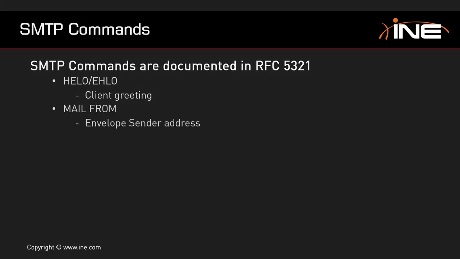Okay, another important one is going to be the mail from command. This is what we use to populate the envelope sender. And then rcpt to is going to be used to populate the envelope recipient. So these two commands are how we build our envelope, which is used for forwarding.